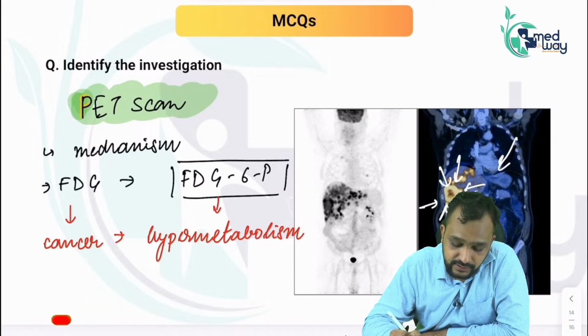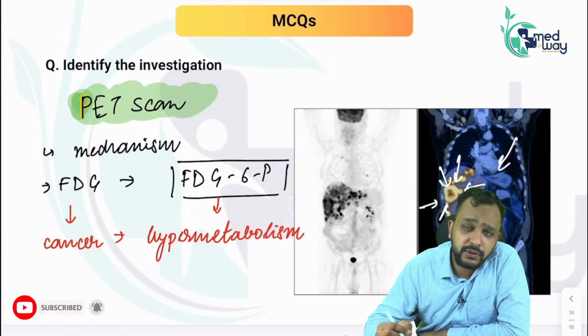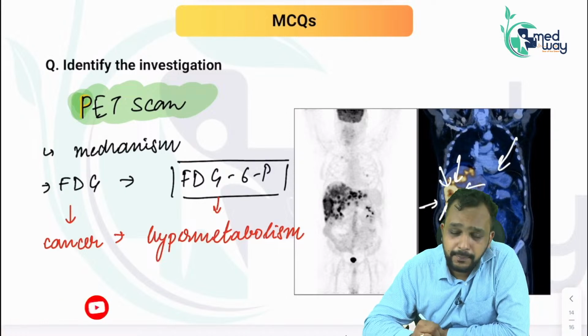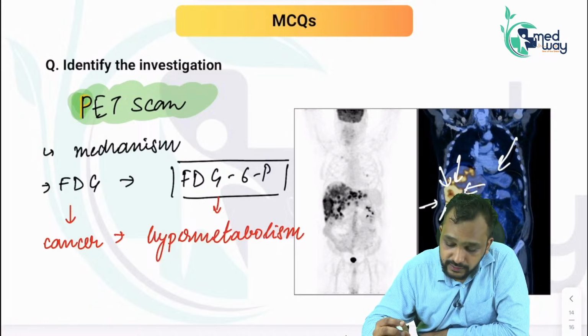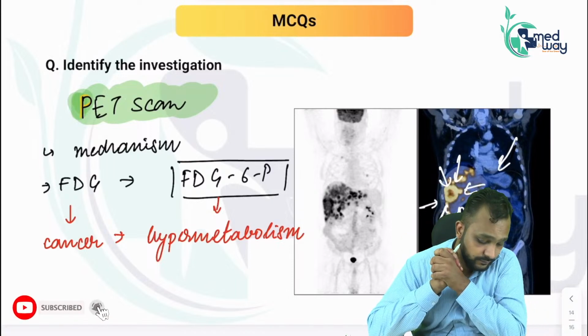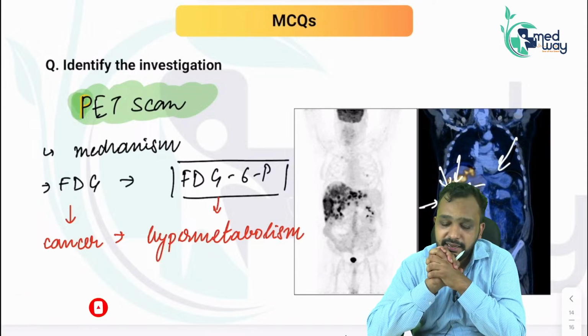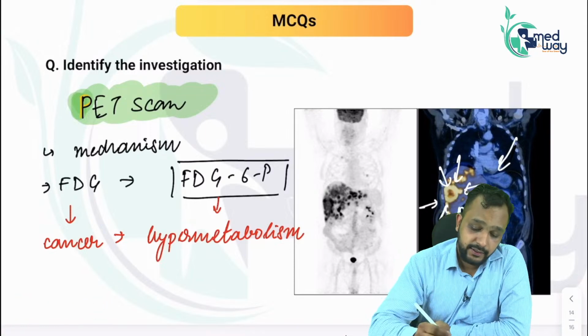And this will result in production of positron, and this positron will combine with electron, resulting in this increased uptake on the FDG PET scan, right?